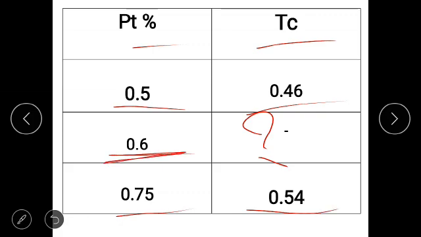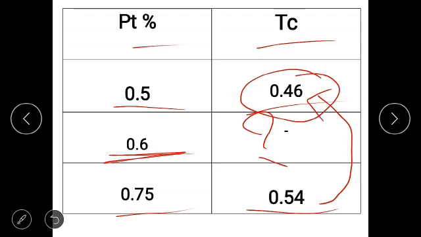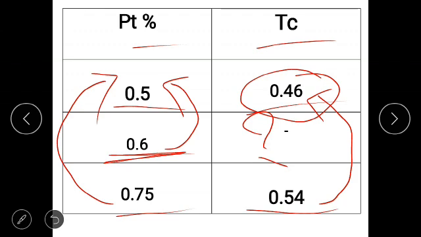By the interpolation method: 0.46 plus, in bracket, 0.54 minus 0.46 divided by 0.75 minus 0.5, multiplied by 0.6 minus 0.5.